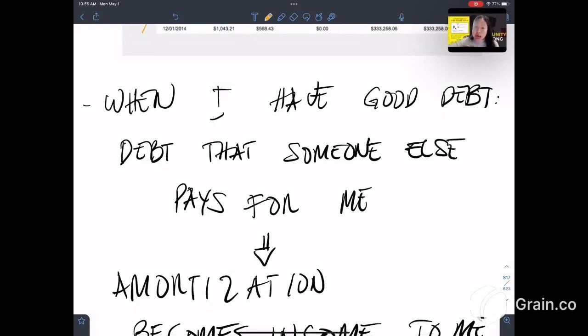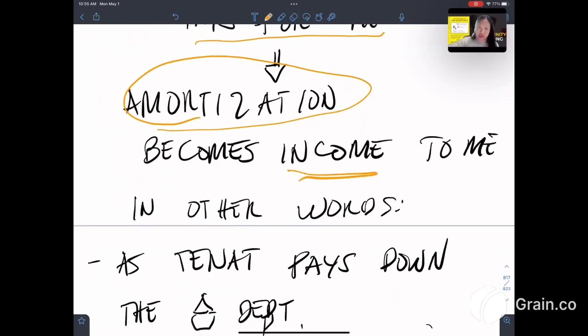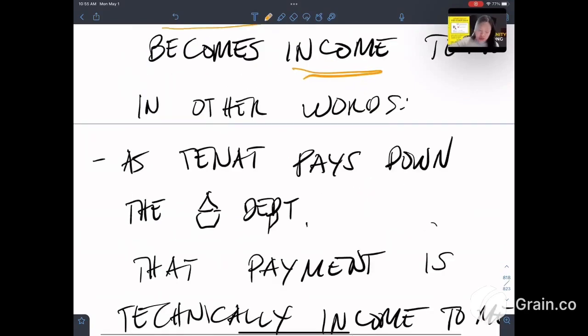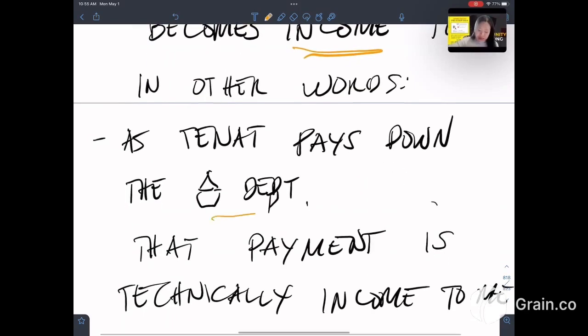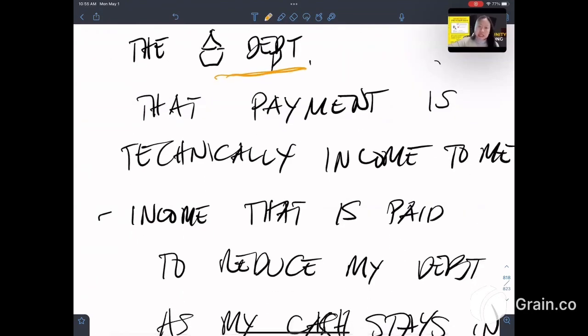Now, when I have a good debt, that means my tenant pays for my debt, someone else pays for it for me, then amortization becomes income to me. In other words, as the tenant pays down the debt, that payment is technically income to me.